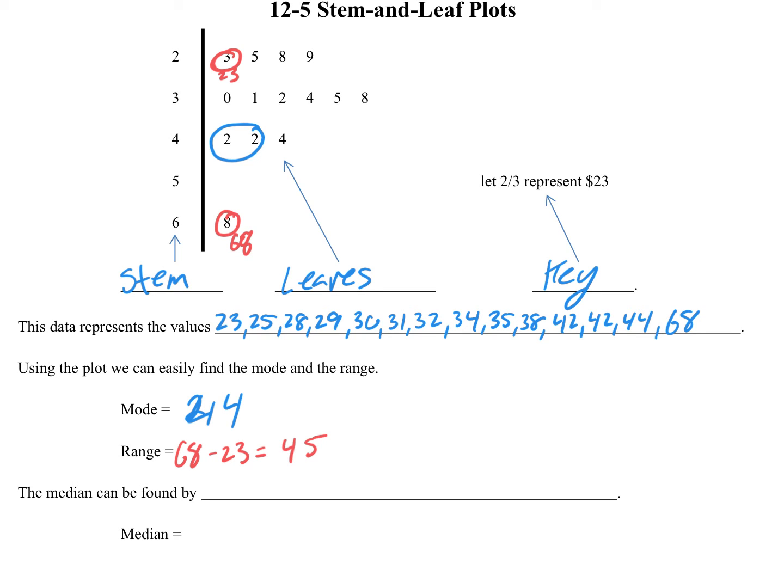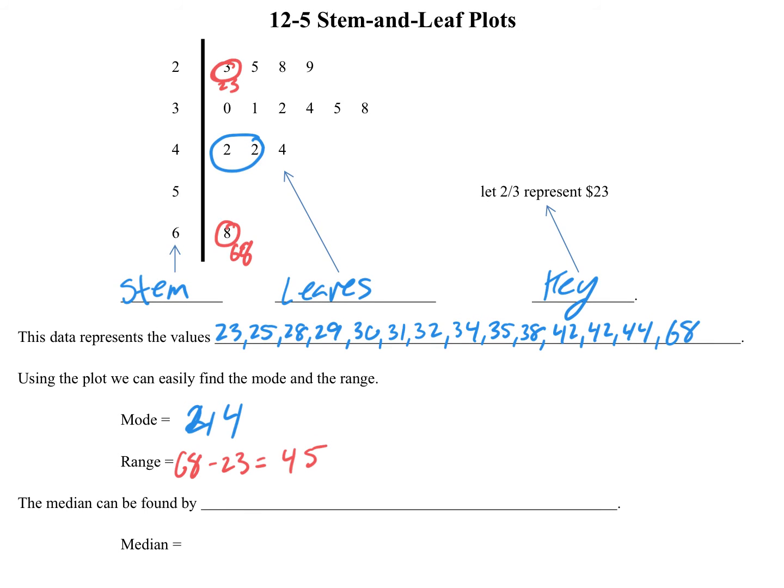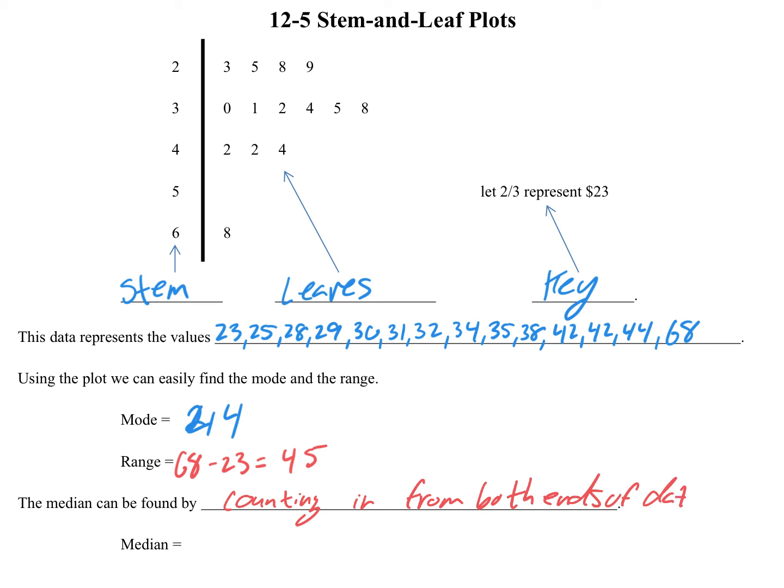We can find our median in a similar way to how we did when we wrote it out longhand, right? With a whole list of numbers, it's just by counting in from both ends of the data. So I'm going to do that.